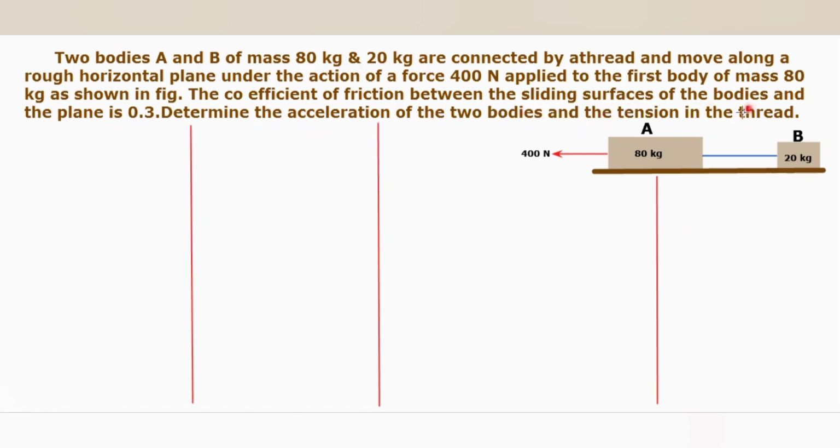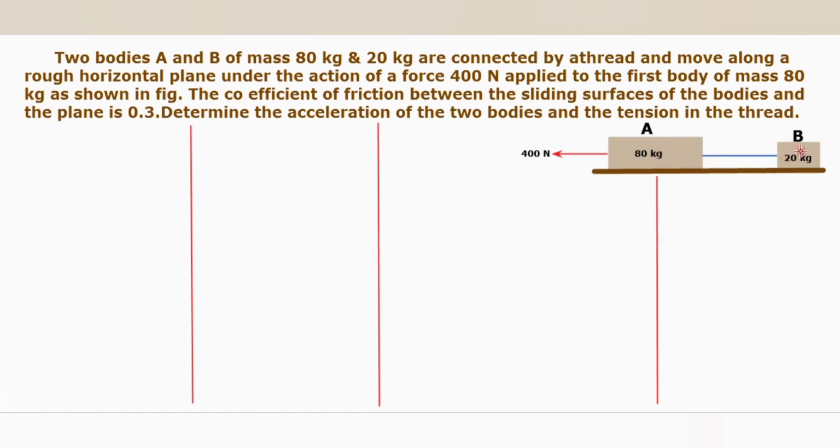Okay. Here, there are two bodies, A and B. A has a mass of 80 kg. B has a mass of 20 kg.